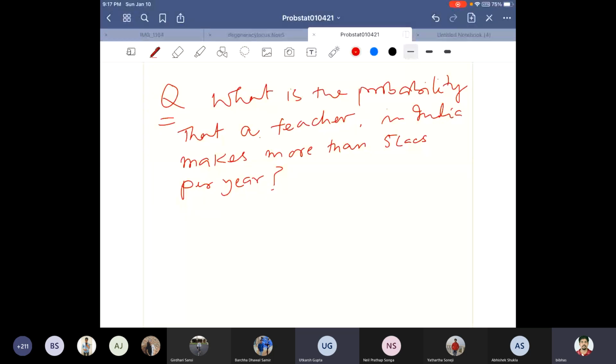Once I supply you with this additional information, the probability value will change, because earlier you had considered sample points covering teachers from all kinds of schools, colleges, and universities. So the probability value of an event can change if I supply you with additional information. What is that information?